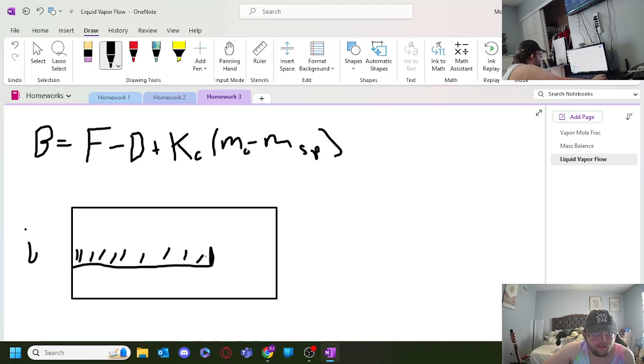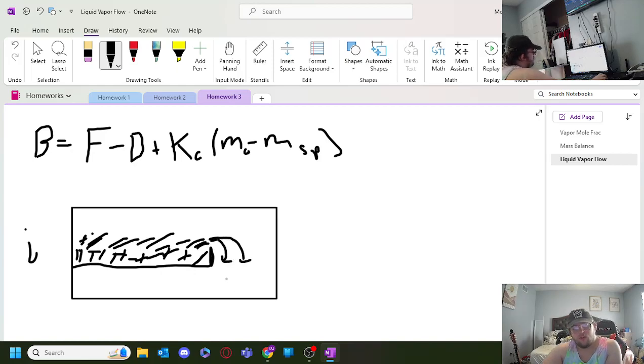We got mass, or moles, building up through here, and then whatever is over that wall gets thrown over. So this amount of mass that gets held by this wall here is known as the holdup.